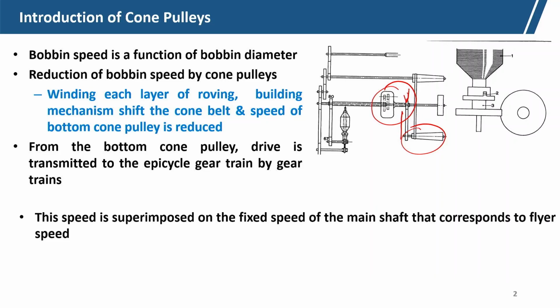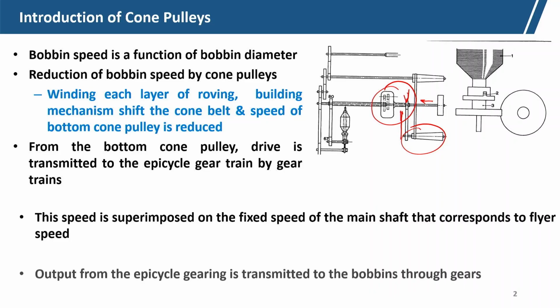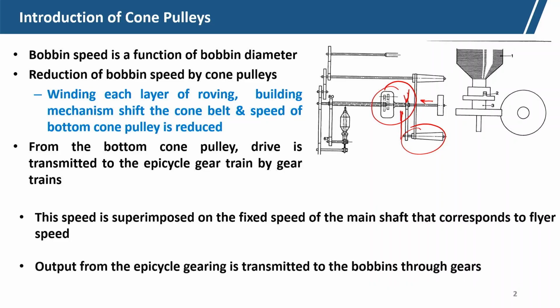So, this variable speed is superimposed with the speed from the main shaft, which is the fixed speed, that we have discussed in detail in the last session. So, the output from the epicyclic gear is transmitted to the bobbin through a different gear system. These are the gear systems.